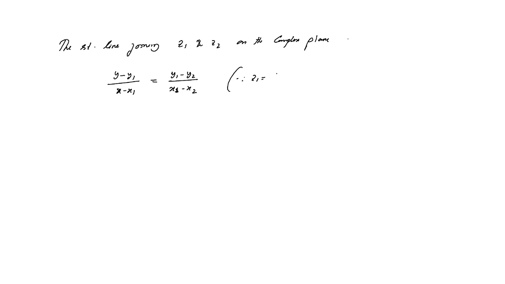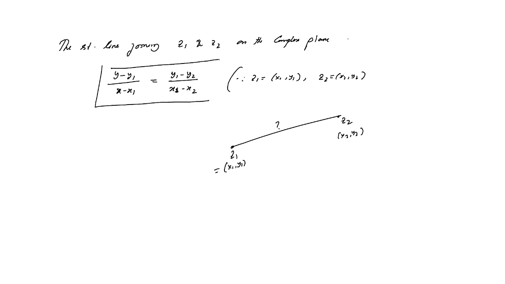Since Z1 is the point (x1, y1) and Z2 is the point (x2, y2), this should be the equation of the line.